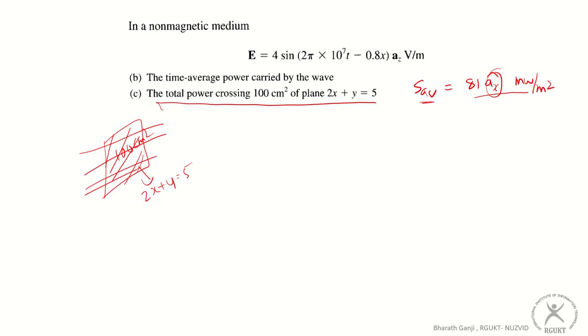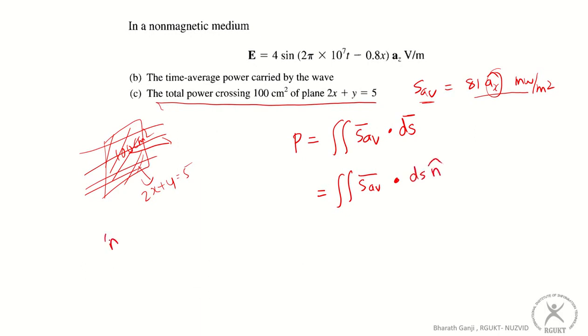If you want to calculate how much power is crossing through a surface, the total power crossing any surface is the surface integral of S average dot producted with ds bar. To calculate ds bar, you need to know the normal of the surface, so S average dot producted with ds times the normal to this surface.